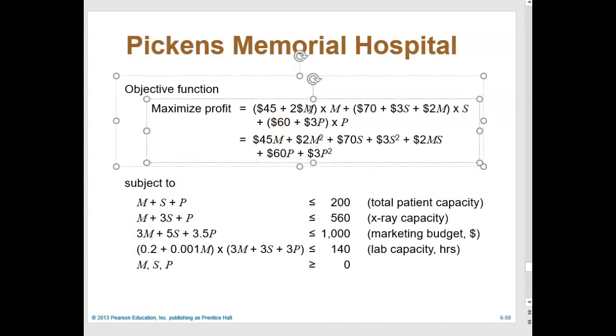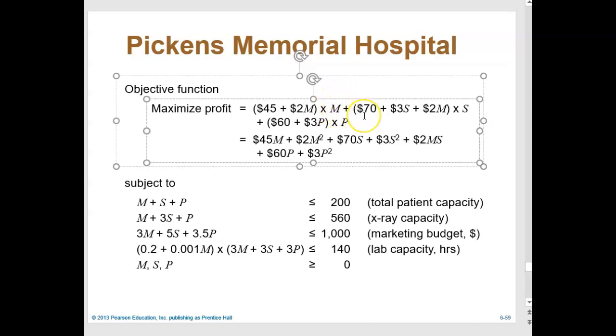This should be 45 plus 2M. And that has to be multiplied by the number of patients that the model tells us for that particular category, which is M.